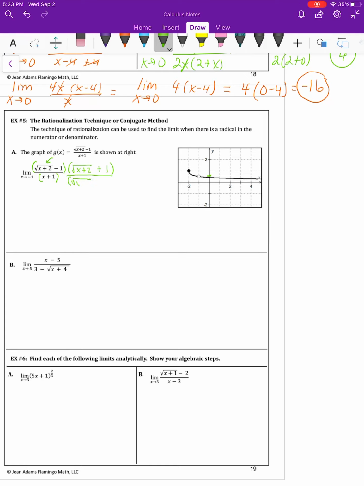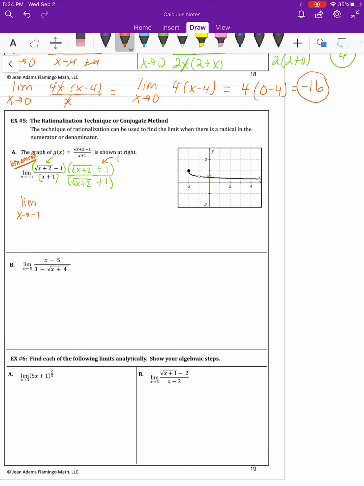And I have to multiply by a fraction that equals 1. So I'm multiplying by that over itself, right? So that this has to be 1, okay? Now, on these limits, the trick to this is that when you've got your binomial, right?